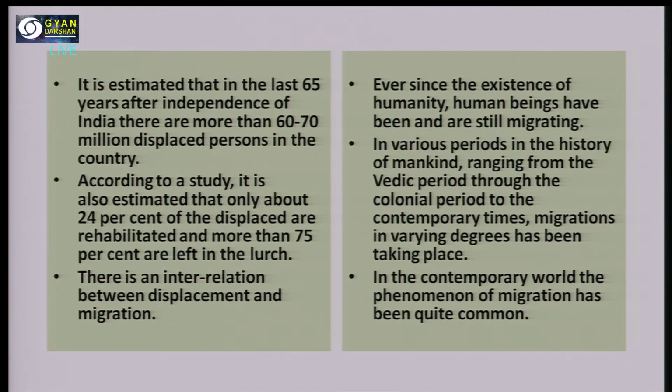Now, when you talk about migration, it is in terms of the fact that a large chunk of people migrate from one part of the world to another, or even to the cities. There are different kinds of migration: rural to rural, urban to urban, rural to urban, urban to rural.